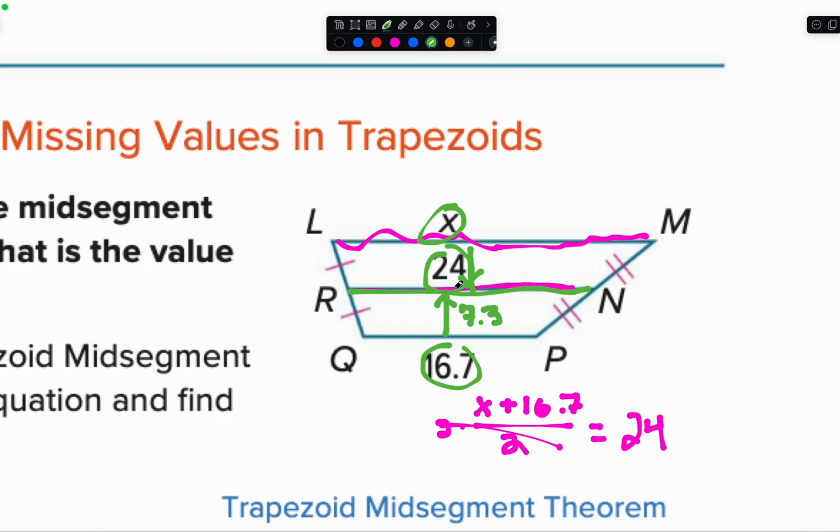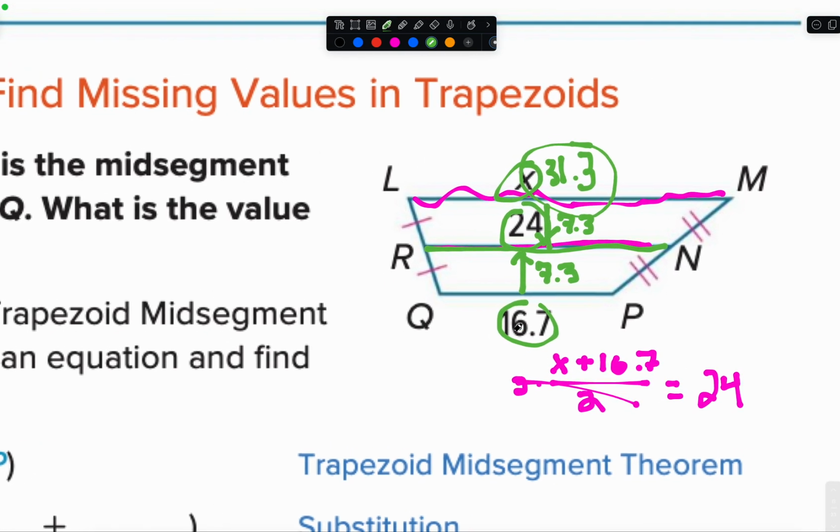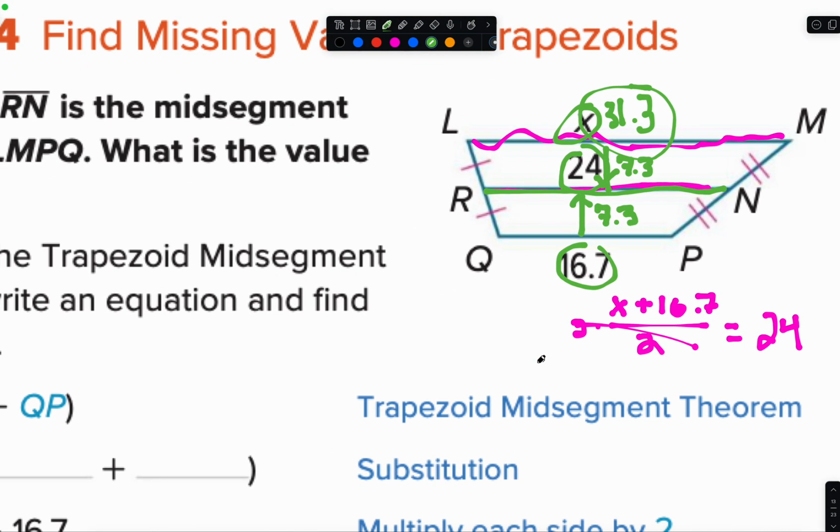So let's just take 24 and add another 7.3 to it, and I get 31.3. And that is much faster than doing this whole formula backwards, right? We just subtract them. How far apart are those two? Well, that's going to be that distance as well, and then just add it to the 24 to figure out what the top number is, okay? So that works as well, doing it that way.